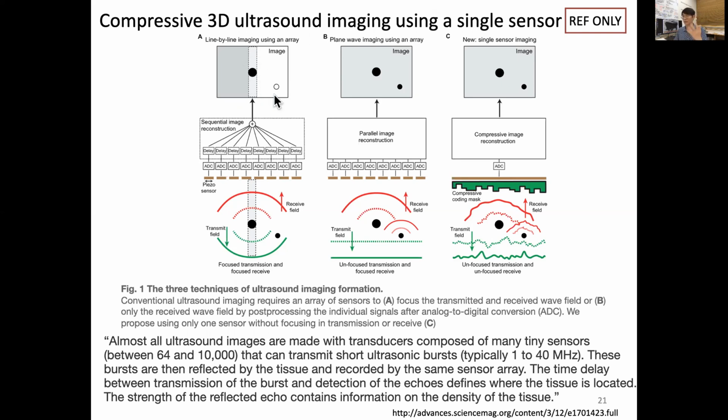we can create these ultrasonic images. While there is also plane wave imaging using an array, which means we give the same phase of ultrasound, so unfocused transmission, and these structures will give out the reflection that creates a receive field, so that we can have a parallel image reconstruction, which means we can have a total calculation, not line by line.